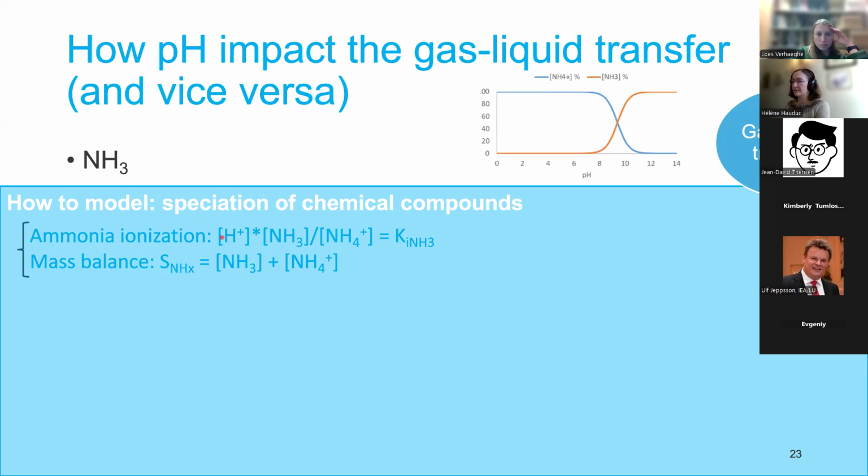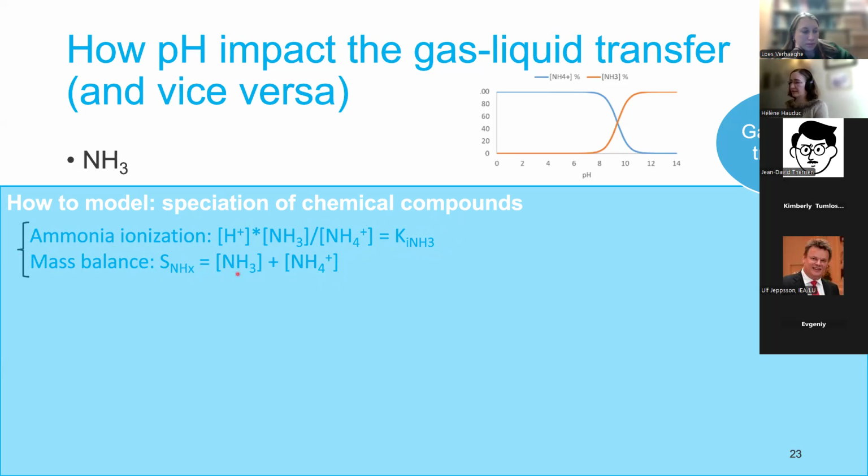The first one is the ionization, or the dissociation, of ammonia, for which we have an equilibrium with this acidity constant. And the second equation is the mass balance between the total compound and the two species.